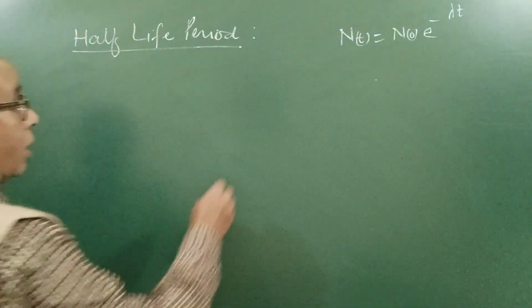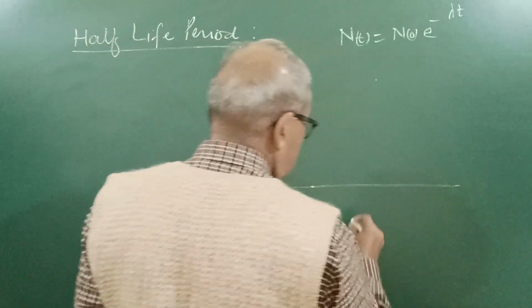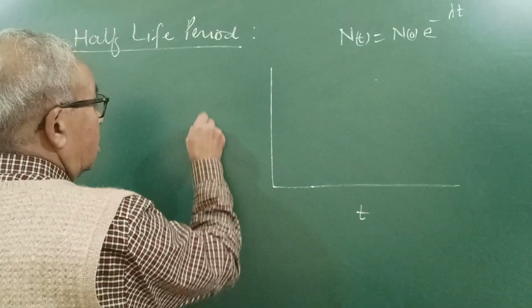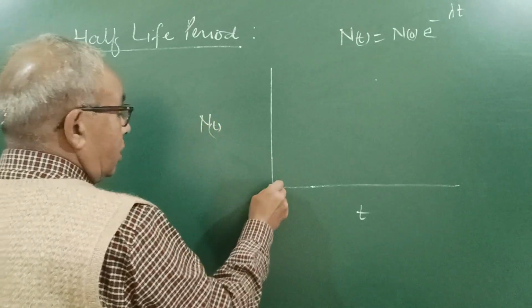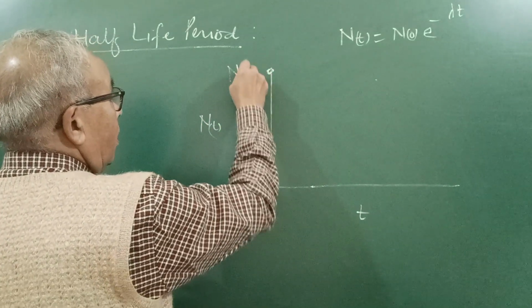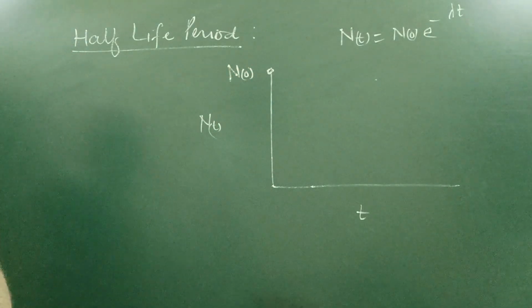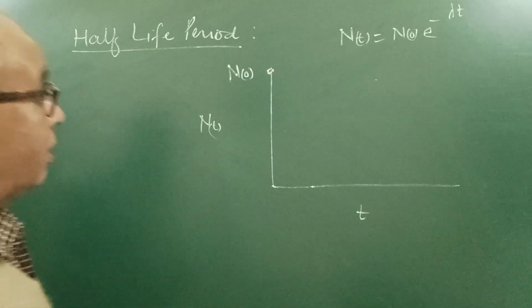Now I plot a graph between N t and t, as in the last video. Suppose that at t equal to 0, this number N0 of radioactive nuclei is with us, of a given sample of a given element.